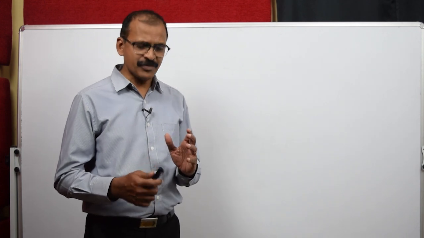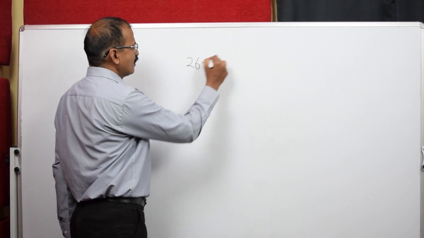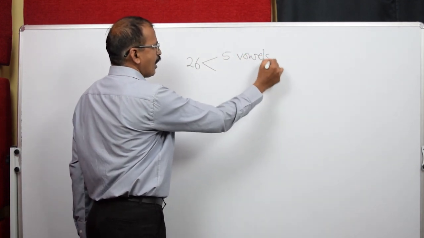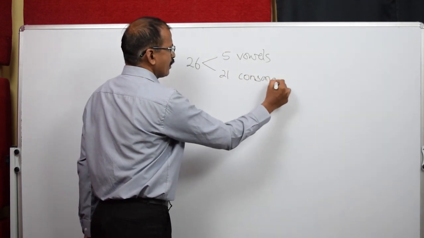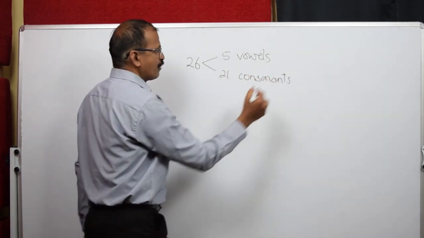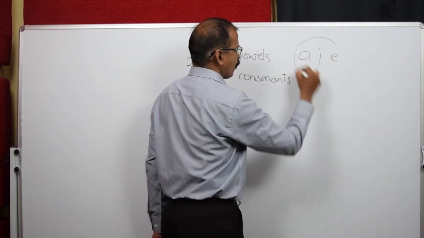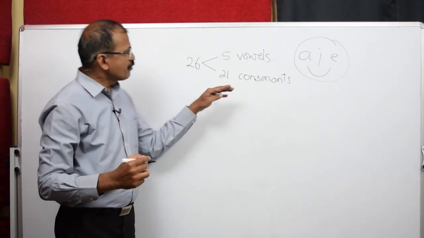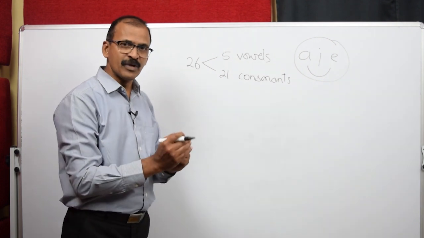Basically, in the English language, we have 26 letters, out of which 5 are vowels, and we have 21 consonants. The 5 vowels are A, E, I, O and U. A combination of these letters, the vowels and consonants together, make a word.